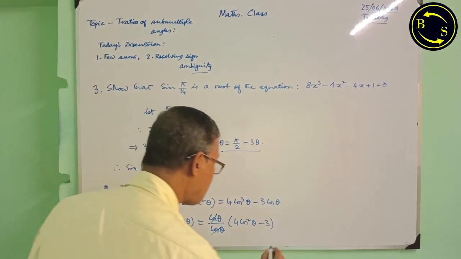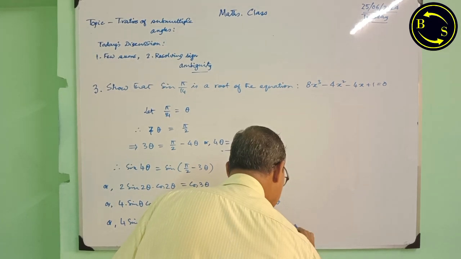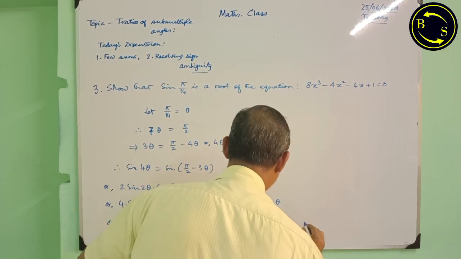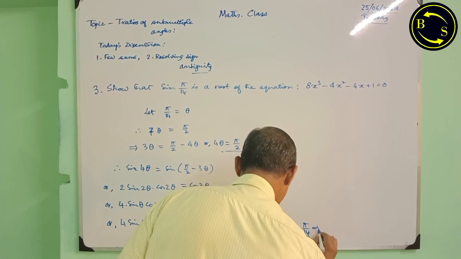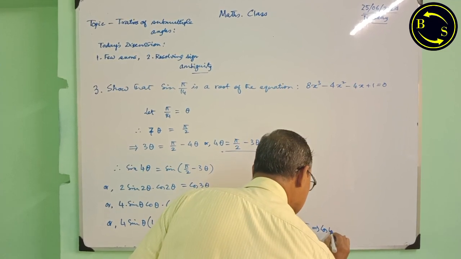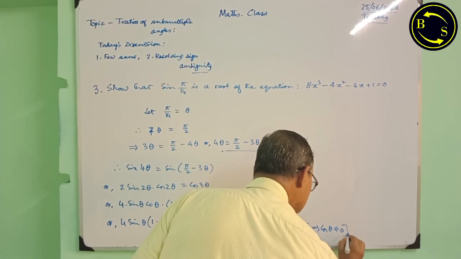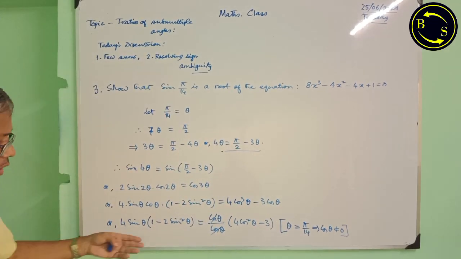Here theta equal to pi by 14, therefore cos theta is non-zero. I can divide both sides by cos theta.